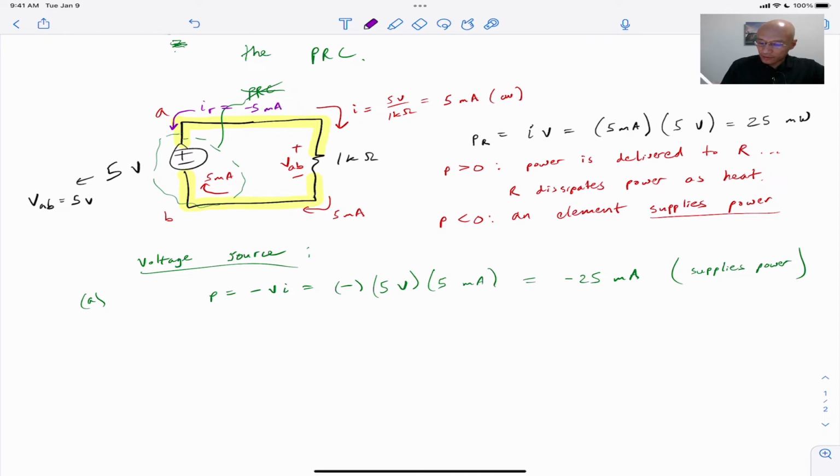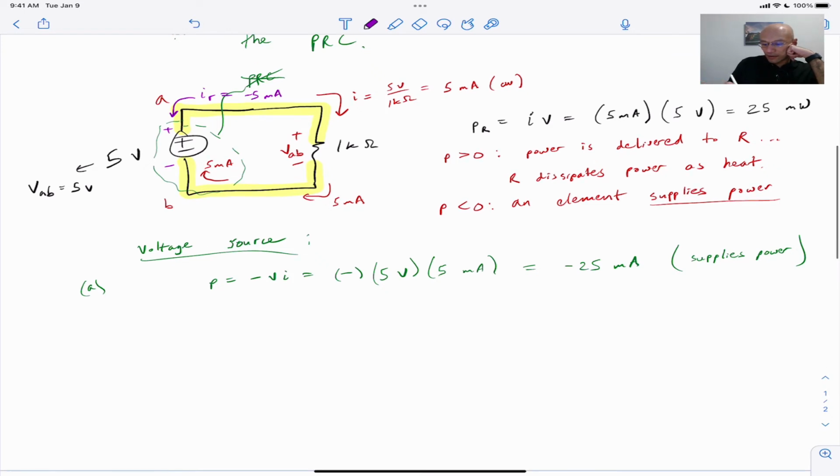It's exactly opposite of the 5 milliamps that we know goes clockwise. But with the sign and the direction, this IR is actually equivalent to I. And now notice that IR, in fact, follows the passive reference convention with the battery or voltage source, because it enters the plus side and leaves the negative side.